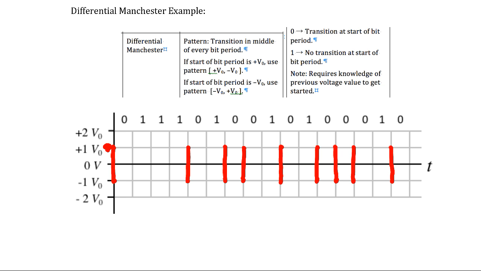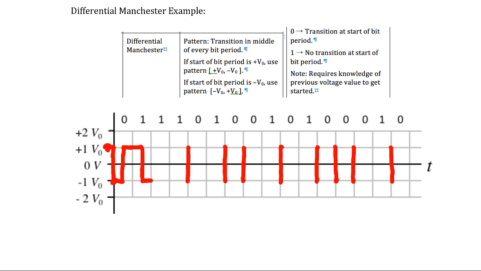The ones, however, don't. And what I'm going to do then is I'm going to now go ahead and enter in my patterns. If it's negative at the start, I go like this. And the 1 does not give me a transition, so I continue straight on.